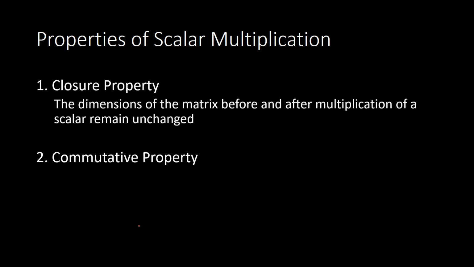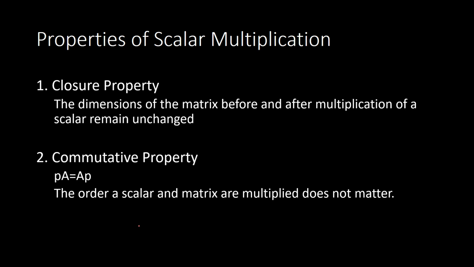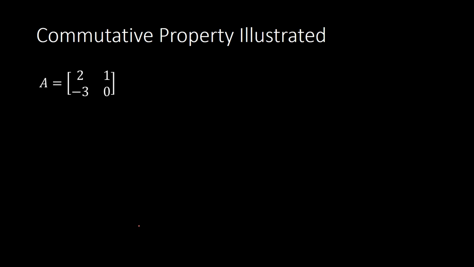The second property is the commutative property, which says it does not matter the order in which I multiply. If P is my constant and A is my matrix, I can take P times A or A times P. So the order does not matter. To illustrate that, here I have matrix A, and I'm going to multiply 3 times matrix A. It does not matter if I take 3 times 2 or 2 times 3.